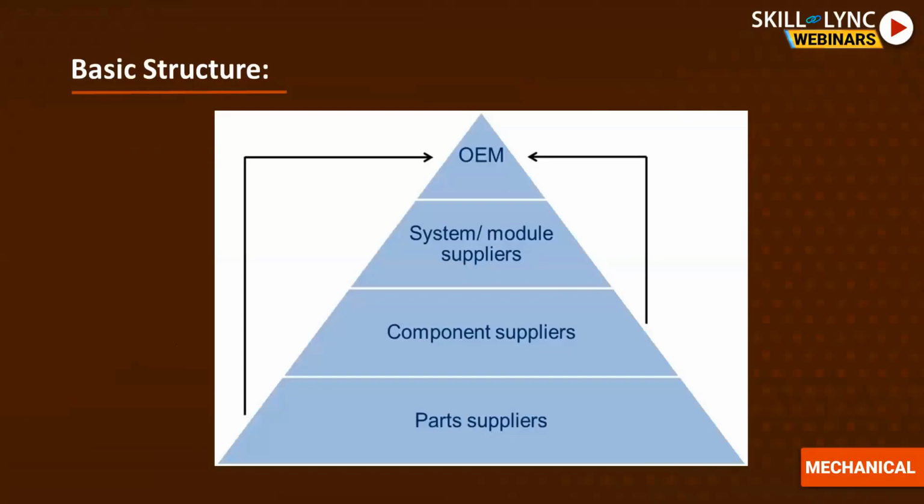What is an OEM first? OEM stands for original equipment manufacturer. As the name says, it is someone who originally develops or makes equipment and holds complete rights on their product. So that will be the OEM.